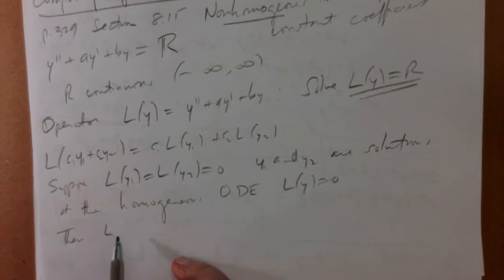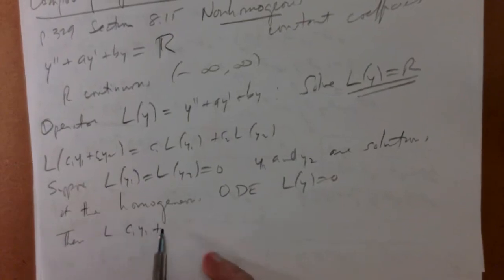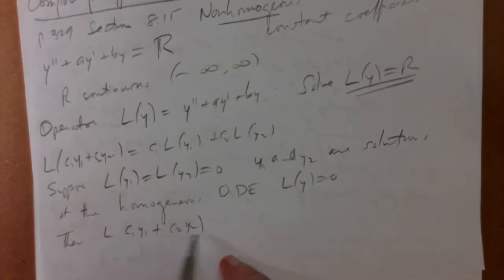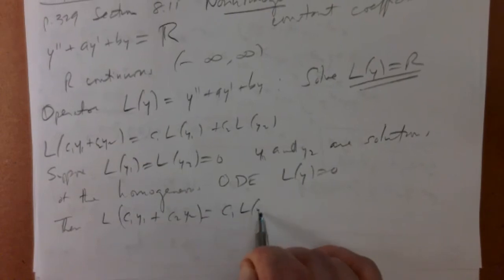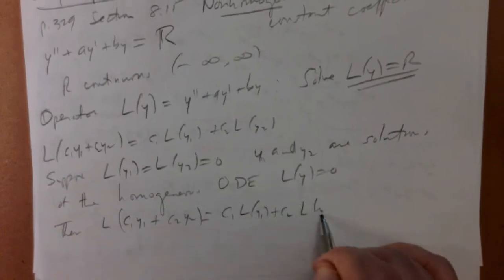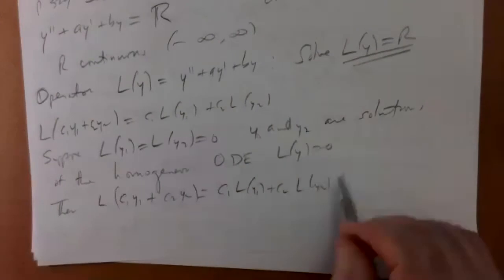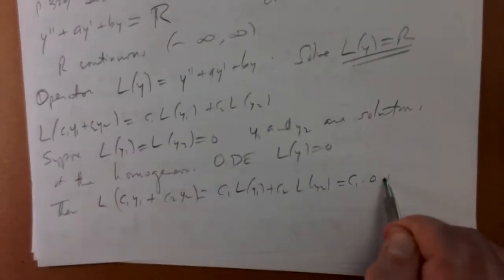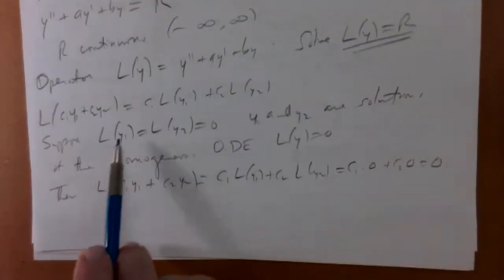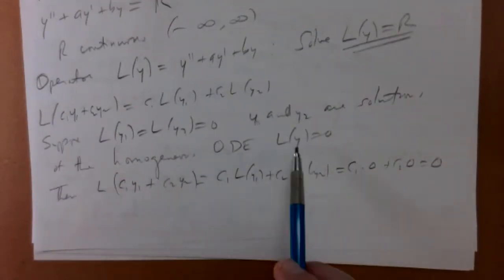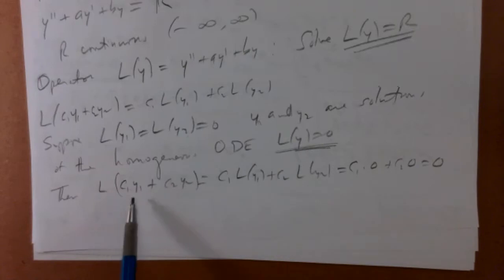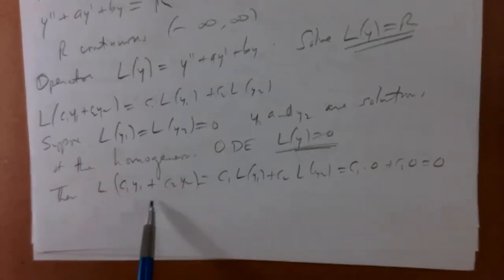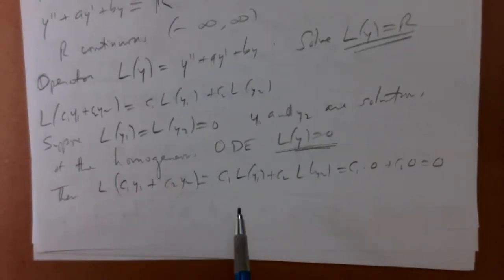Then L of c1y1 plus c2y2, by this linearity property, is c1 L of y1 plus c2 L of y2, which is c1 times 0 plus c2 times 0, which is 0. So if y1 and y2 are solutions of the homogeneous equation, every linear combination of y1 and y2 also is a solution.